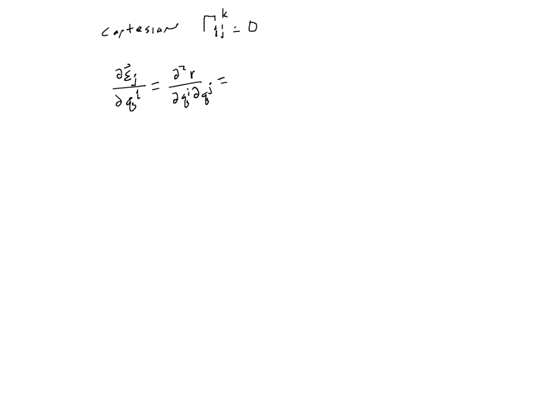And so that is equal to taking the epsilon with respect to i, dqj.